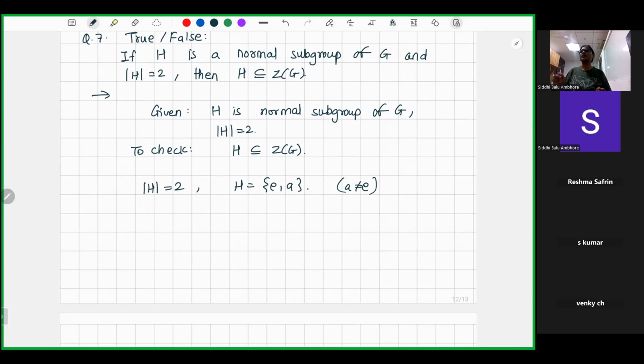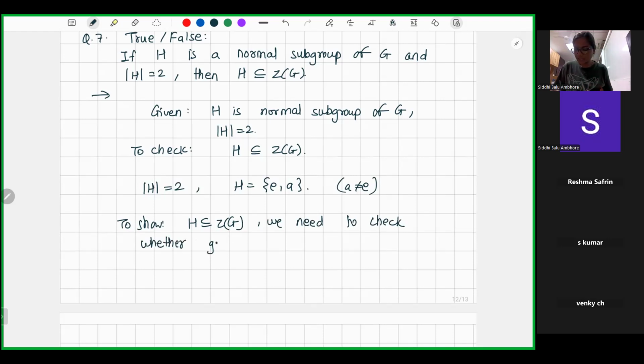And if I want to say that H is contained in Z(G), the only thing I need to check is, anyway, GE is equal to EG, that's not a problem. And so we need to check whether GA is equal to AG or not, whether for all G in G, GA is AG, whether this holds.